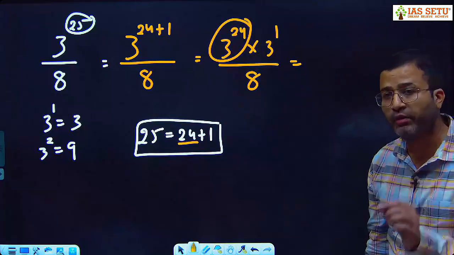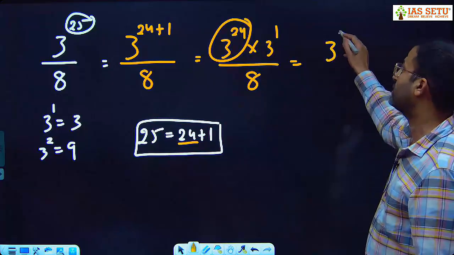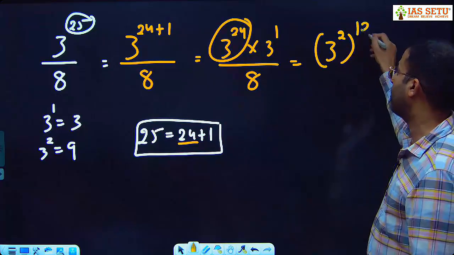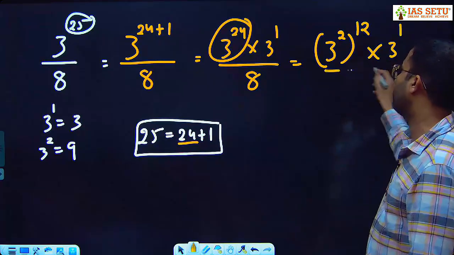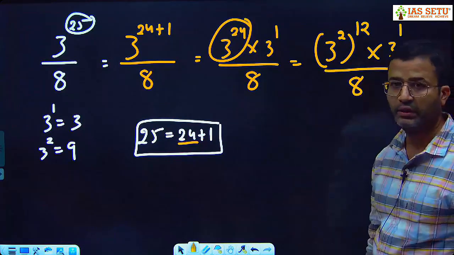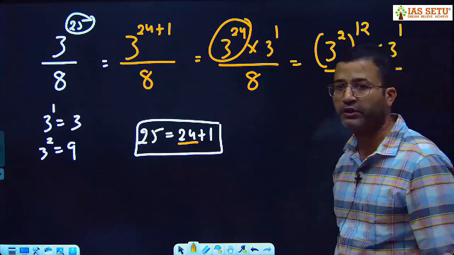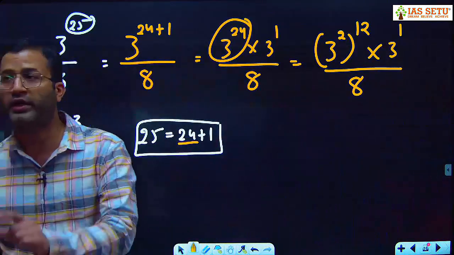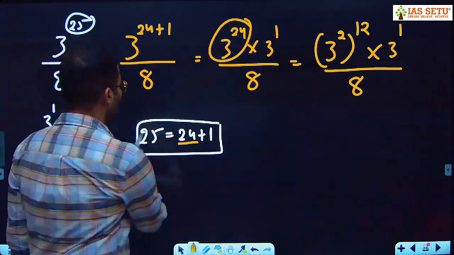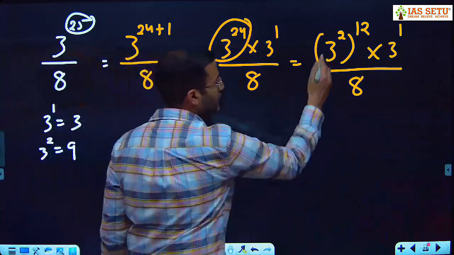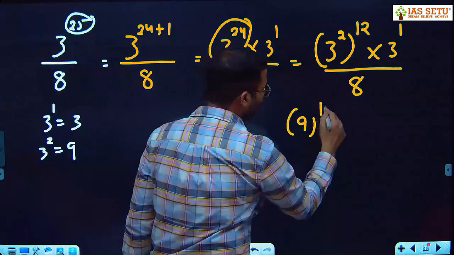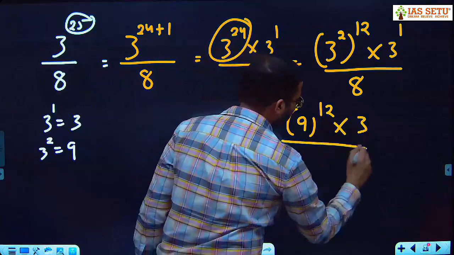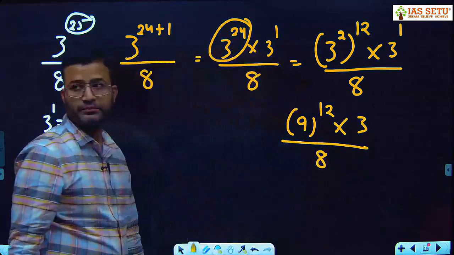Because 3 to the power 24 you can express as 3 to the power 2, bracket 12, into 3 to the power 1 divided by 8. Here we get a pair of 3, 9, 9, 9. Why 9? Because 9 with respect to 8 gives remainder 1. So what we will do here, after this, is 9 to the power 12 into 3 divided by 8.